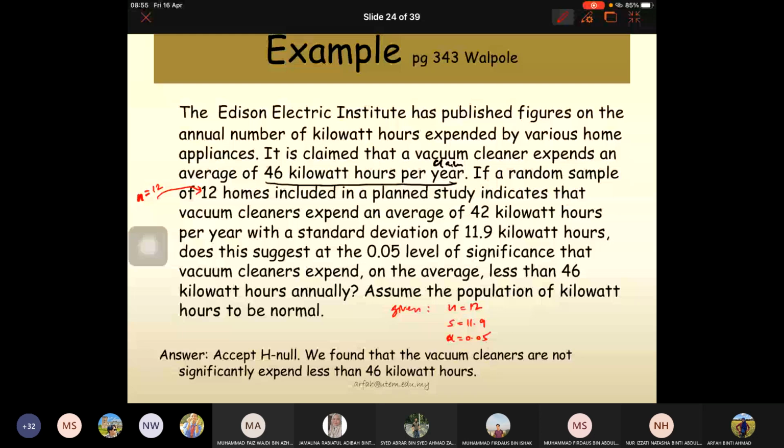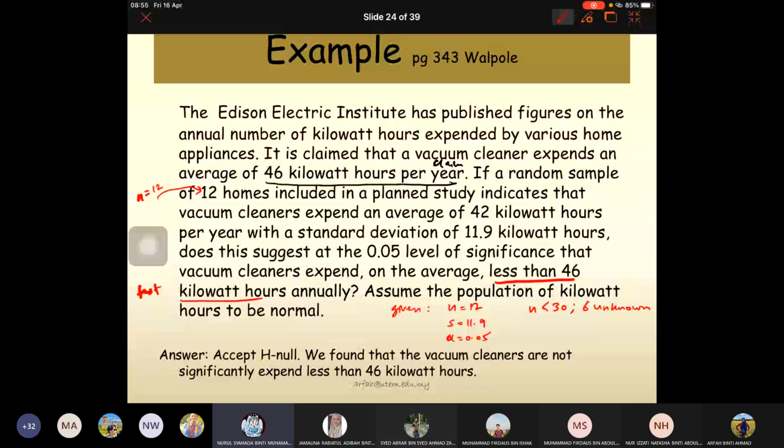Okay. So daripada sini dapat N less than 30, sigma unknown. So dia jadi case berapa? 1, 2, 3, 4. Case 2, salah. Yang lain? 3, salah juga.